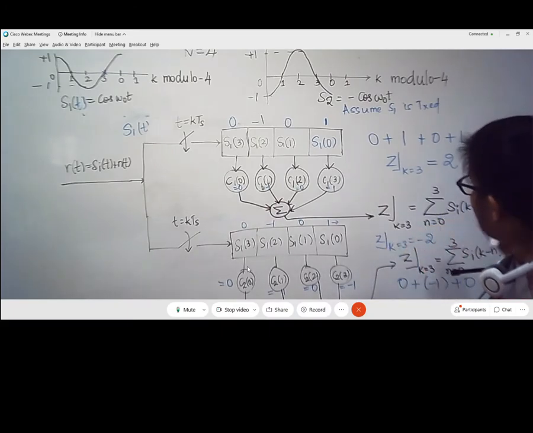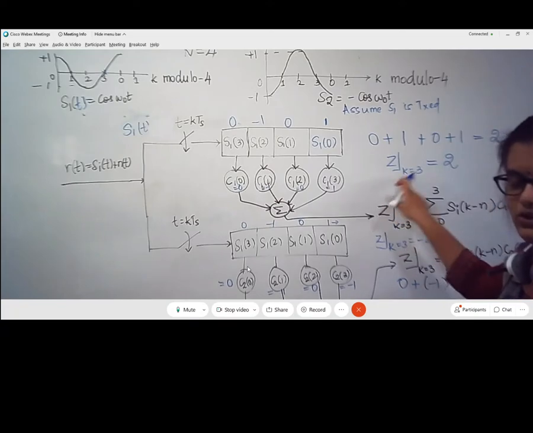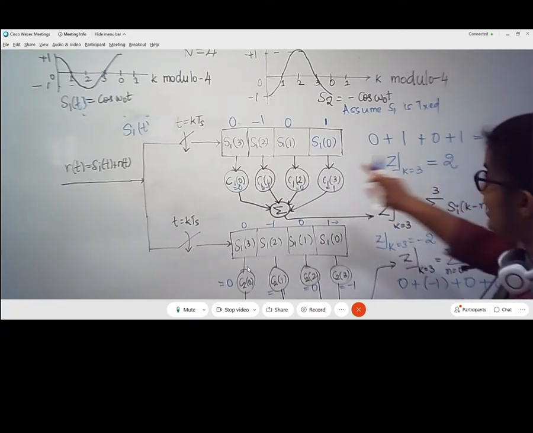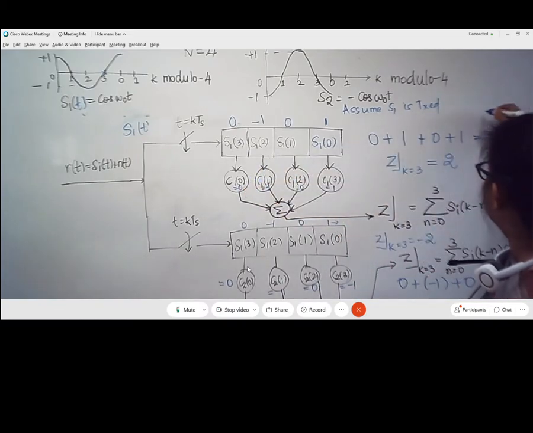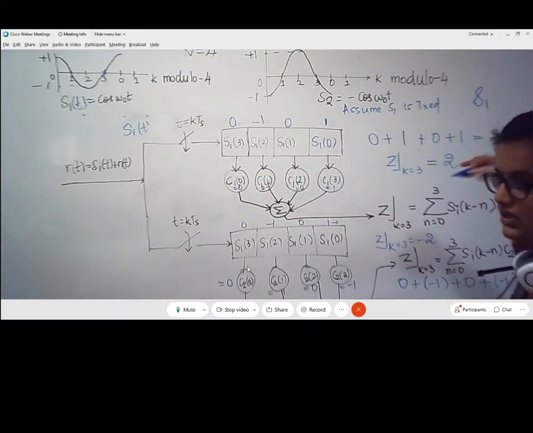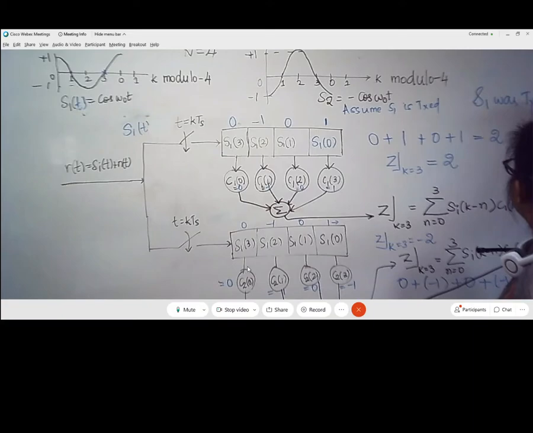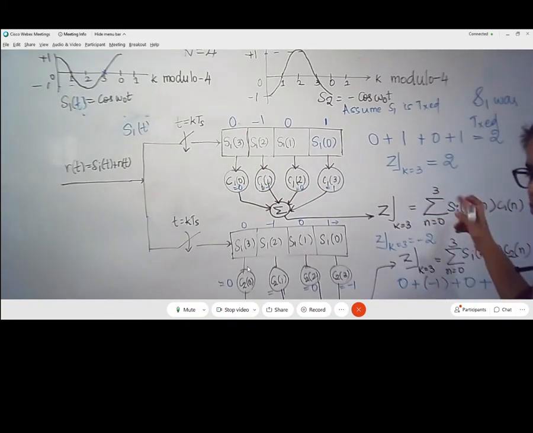So you can straight away say that since the z value is larger in the first scenario compared with the second, the actual transmitted signal is S1. So I can surely say that S1 was transmitted, confirmingly, by just looking at the z value being positive.